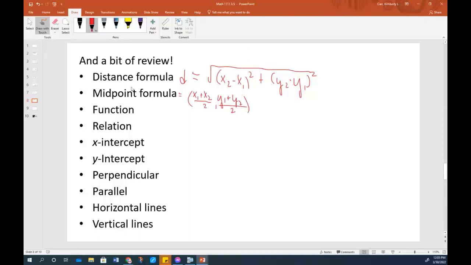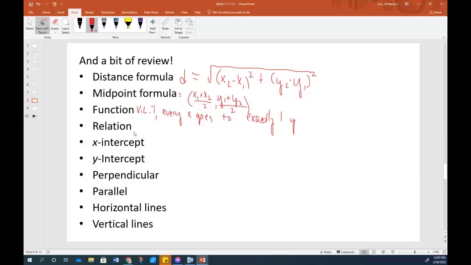A function. There are several things we've learned about a function. A function passes the vertical line test, and every x, or every element of the domain, goes to exactly one element of the range, which is a y value.